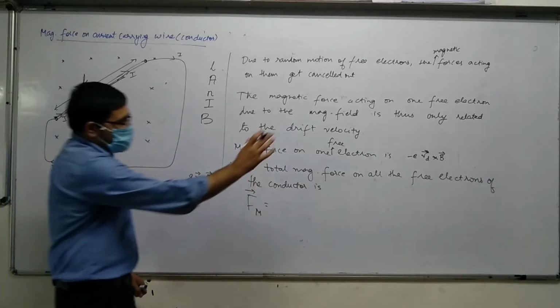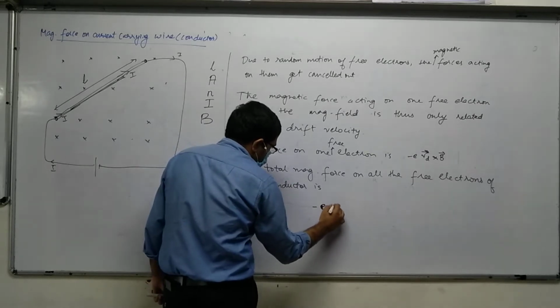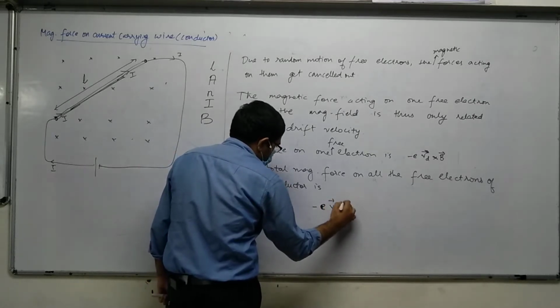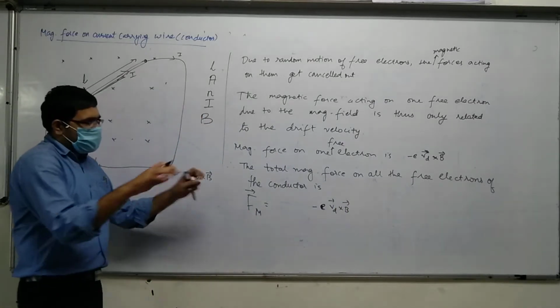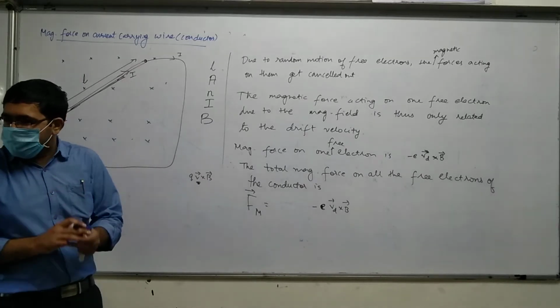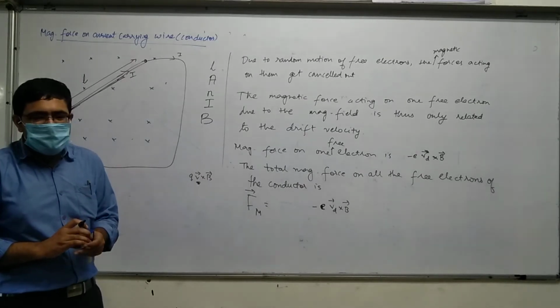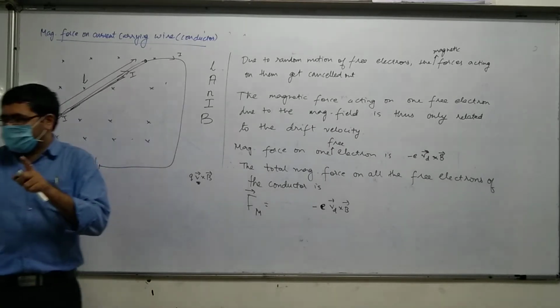Now see, that's the force on one electron. Yes or no? Everyone agrees with that? This is the force on one electron. So if I want to find out how much is the total force on all the free electrons, then I should multiply it by something. Yes or no? What? The number of free electrons. Total number of free electrons, not the number density.